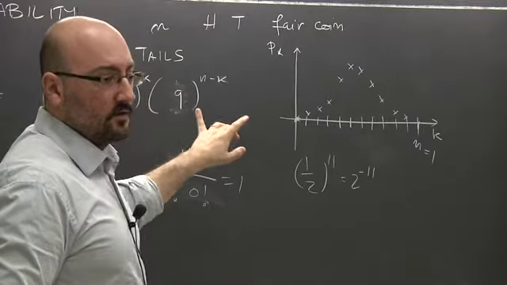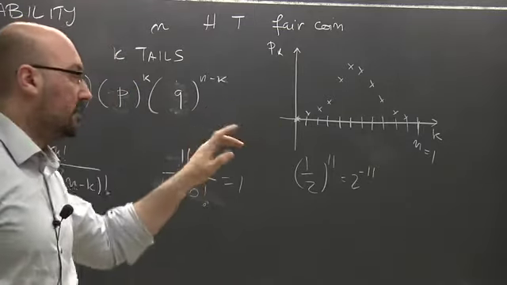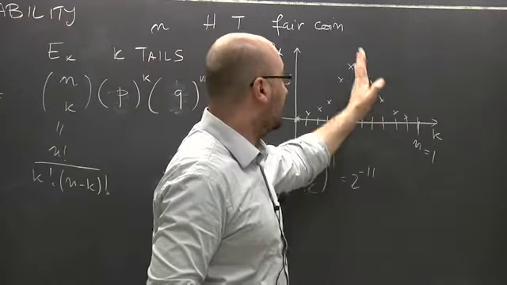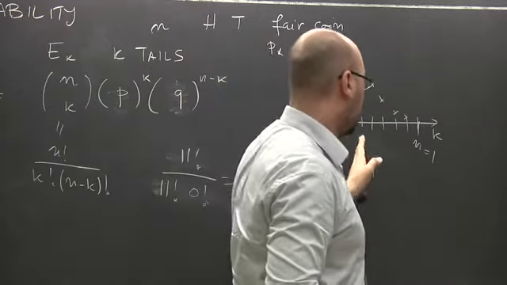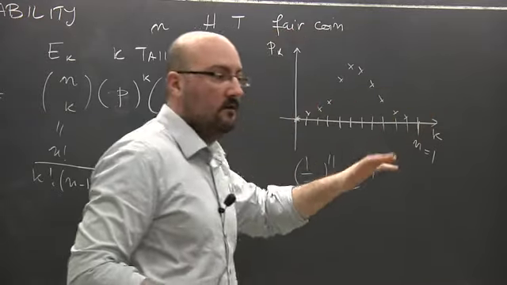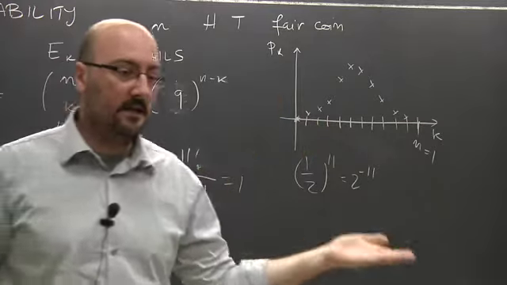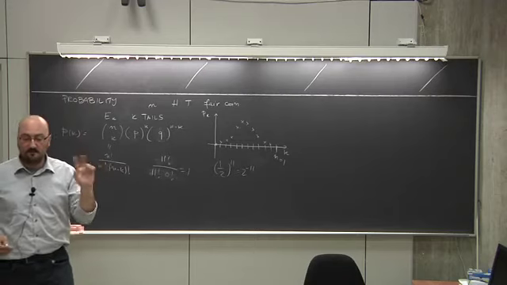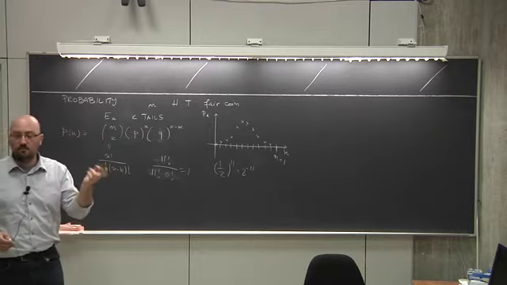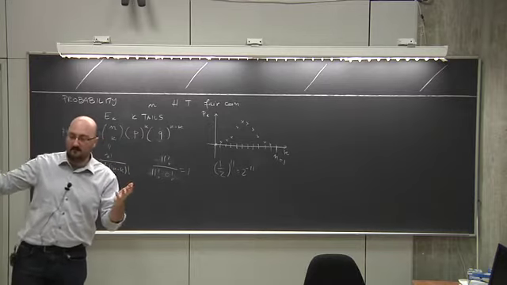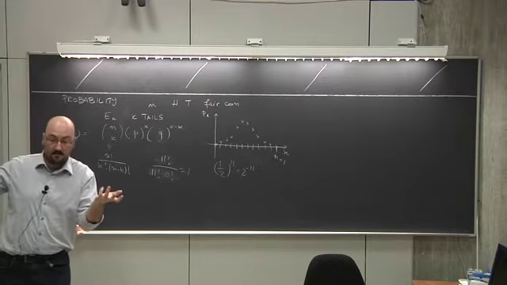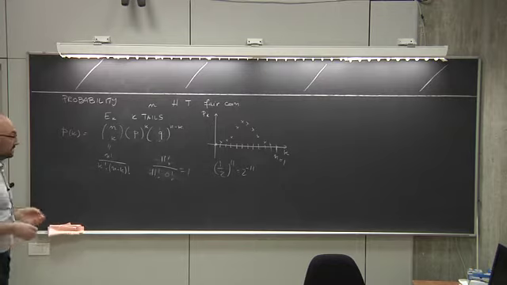If p is equal to q, you can have a symmetry with respect to n minus k. If we exchange k with n minus k, we have a symmetry, because in one case we are talking about heads and in the other tails. But if the coin is fair, then the probabilities have to be equal. Like the probability of having 2 heads out of 10 trials is the same as the probability of having 2 tails in 10 trials.